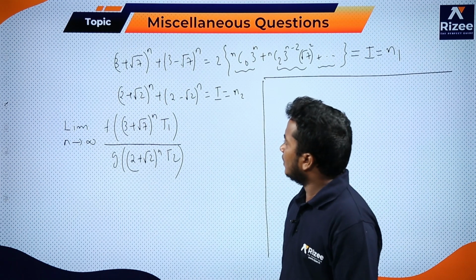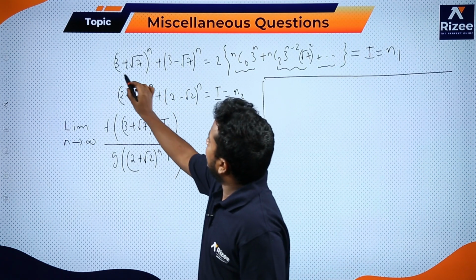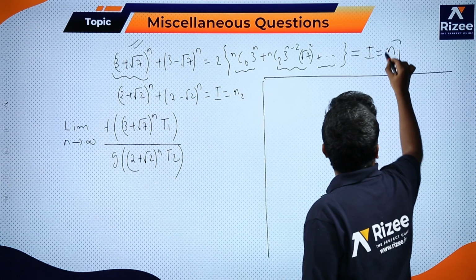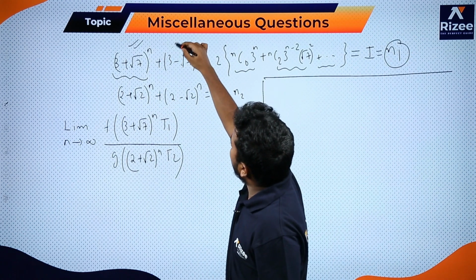See, so I can write (3 plus root 7) whole power n as an integer minus this number.